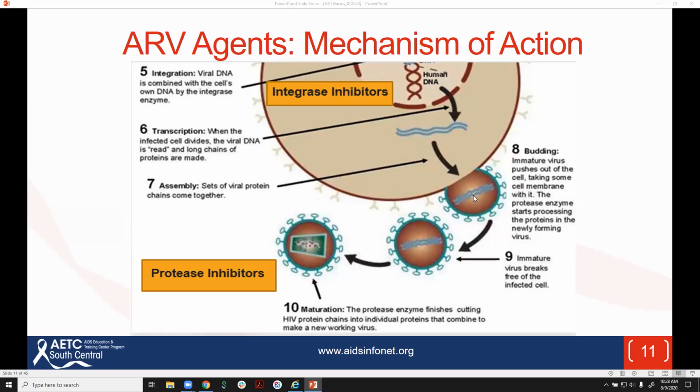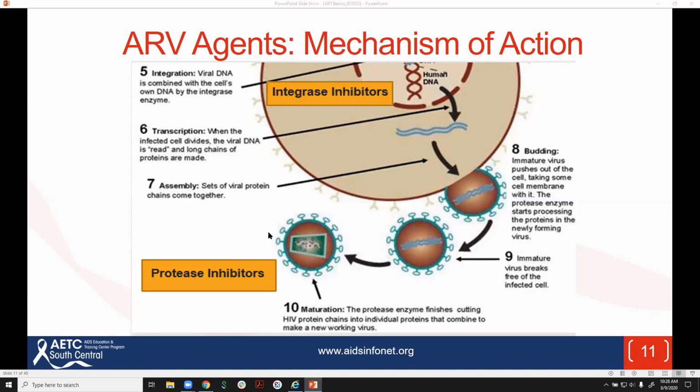And in order for that virion to become infectious to another activated CD4, it needs to be broken up into its component parts, the HIV RNA, and then the three key enzymes, reverse transcriptase, integrase, and protease. And what cuts it into those important elements is protease. And so the final medication class here in the life cycle are the protease inhibitors, which stop that important step from happening.